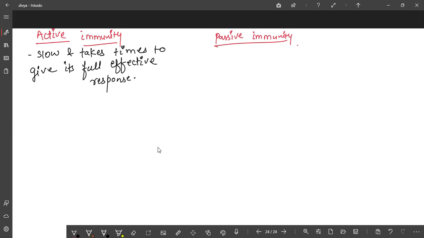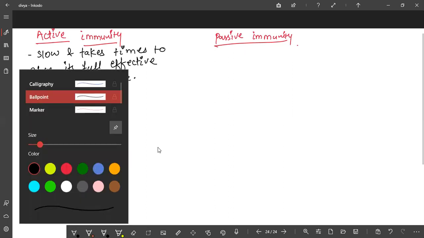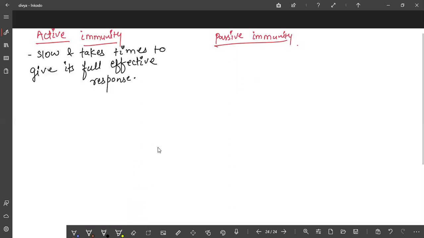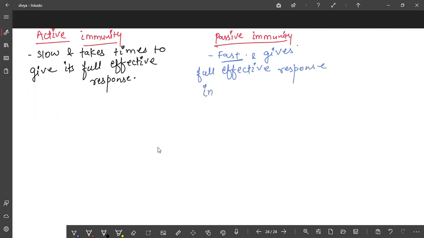So, which type of immunity is slow? Active immunity or passive immunity? Active. And passive immunity is fast and gives full, effective response in a short period of time.